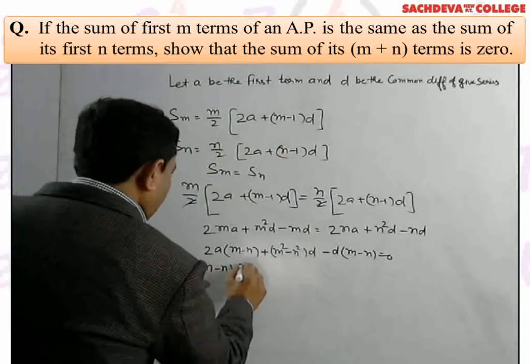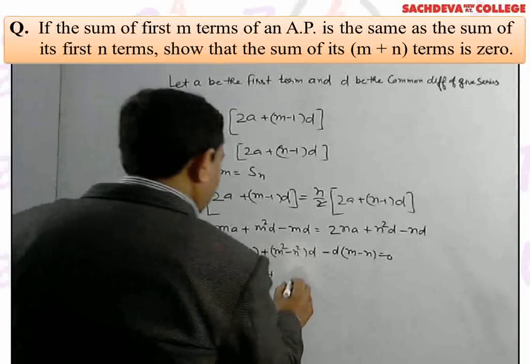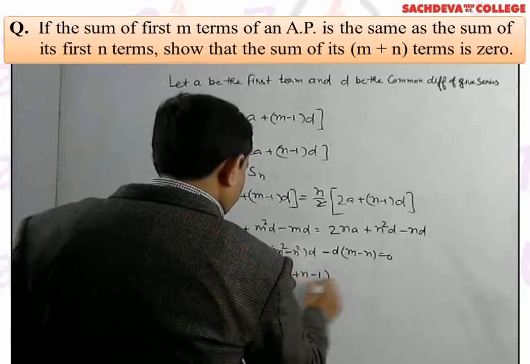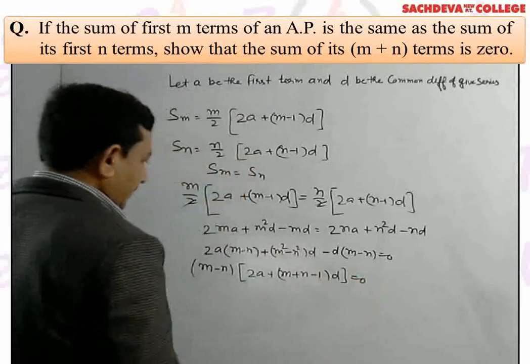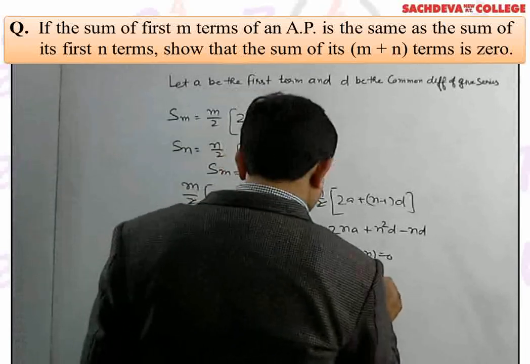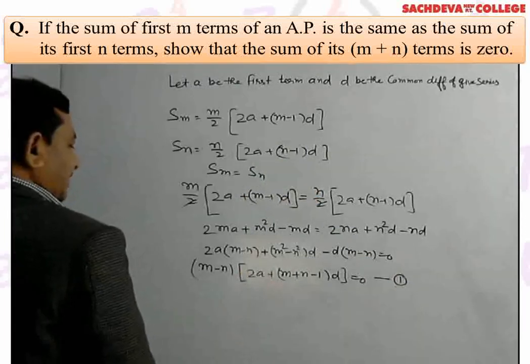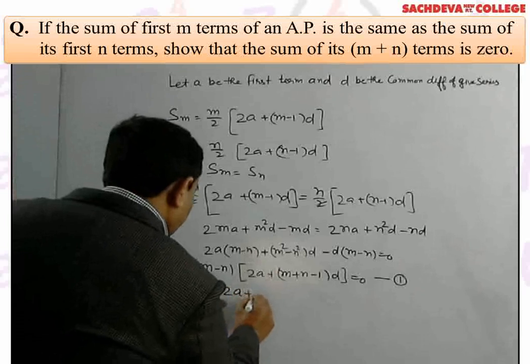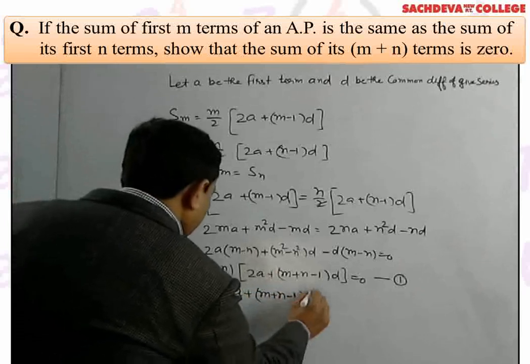So we find 2a plus m plus n minus 1 into d is equal to 0. This is equation number 1. So either m minus n equal to 0 or 2a plus m plus n minus 1 into d is equal to 0.